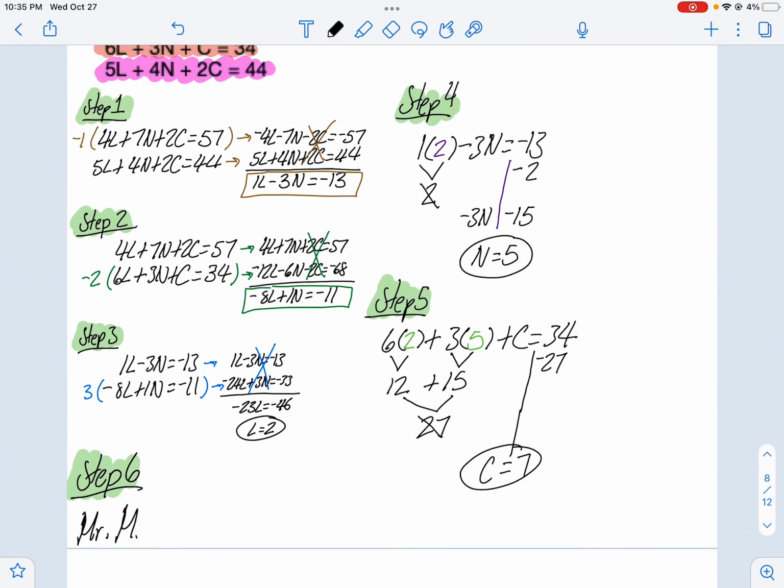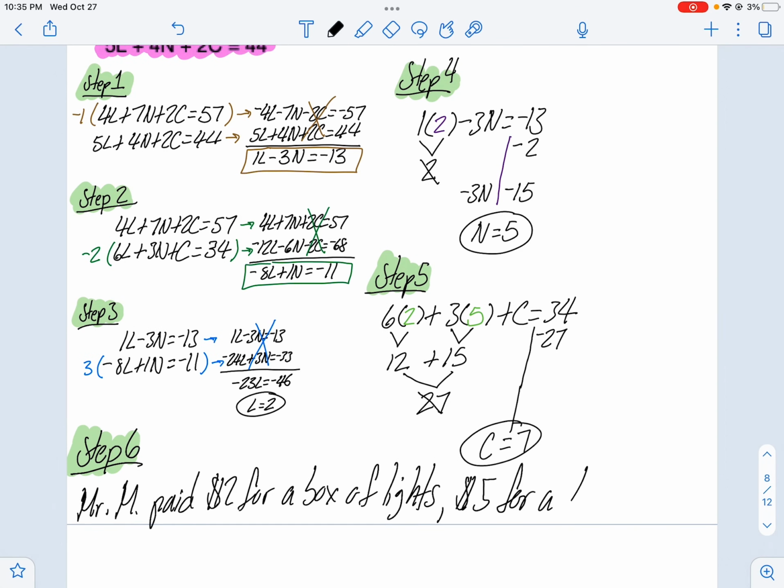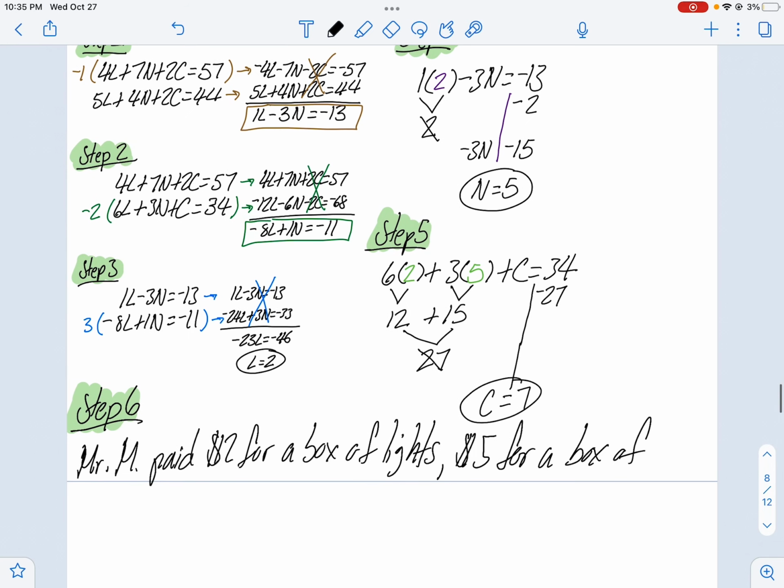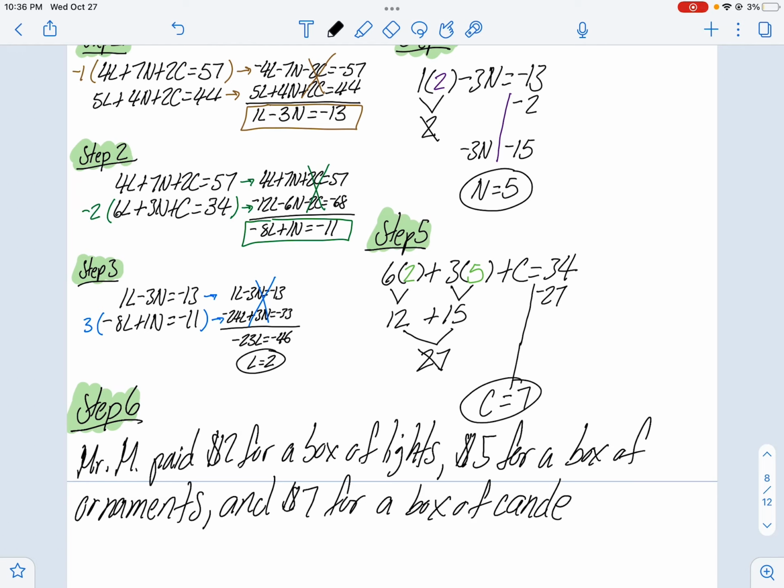So you would say Mr. M paid $2 for a box of lights, comma, $5 for a box of ornaments, and $7 for a box of candles.